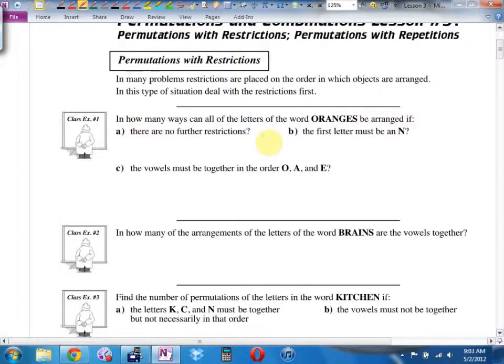All right, first of all, are there any repeating letters in the word oranges? No. How many letters are there grand total? So the shortcut was 7 factorial, or it was drawing 7 blanks and saying, how many do I have to pick for the first one? 7, now 6, now 5, now 4, 3, 2, 1, 7 factorial.